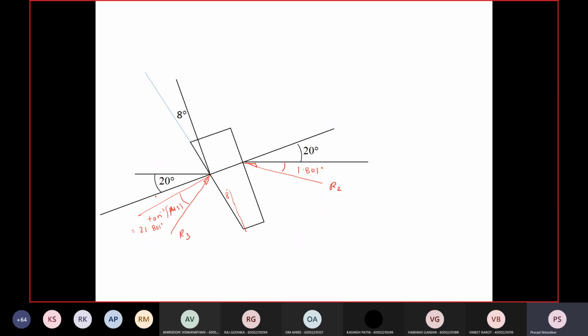So this angle made by the normal also will be 8 degrees. So we have got all the angles, and this is R2, and this normal force will be P.